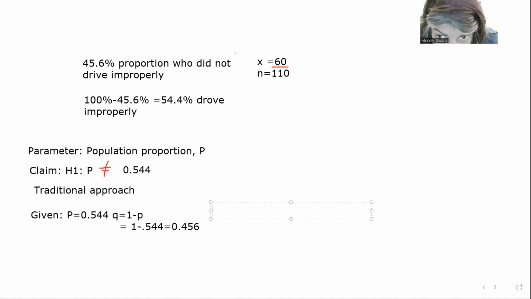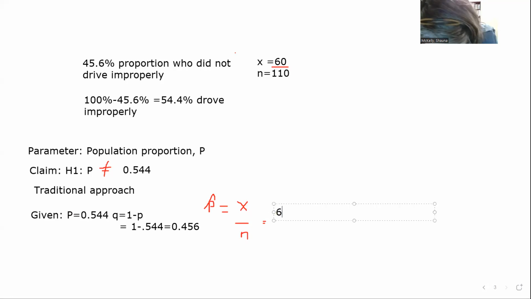This is your P hat. Okay, this is P hat. P hat here is going to be 60 out of 110. This is X over N. And that is equal to 60 out of 110.